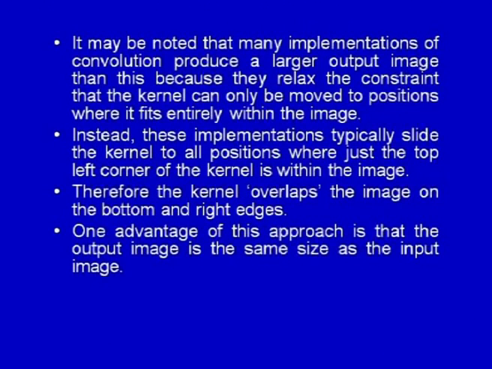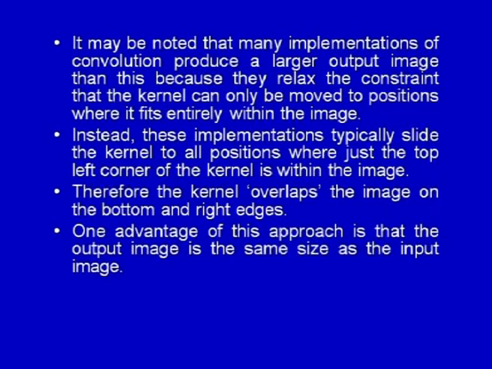It may be noted that many implementations of convolution produce a larger output than this, because they relax the constraint that the kernel can only be moved to positions where it fits entirely within the image.